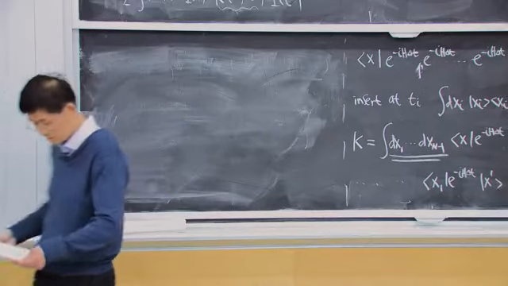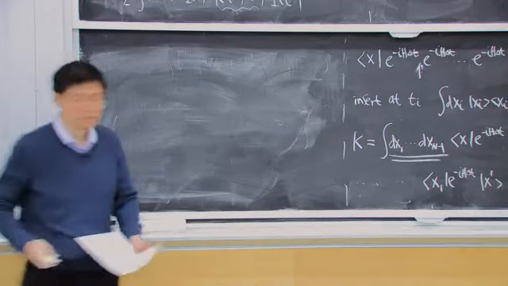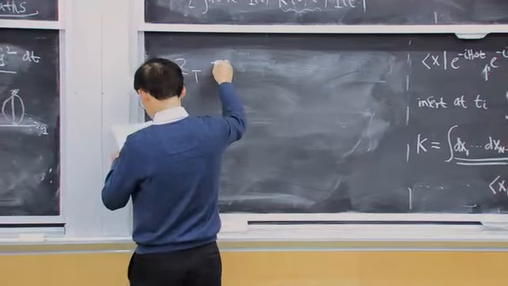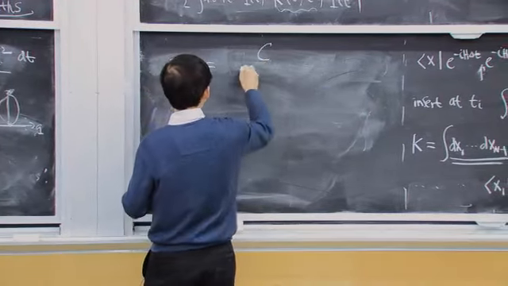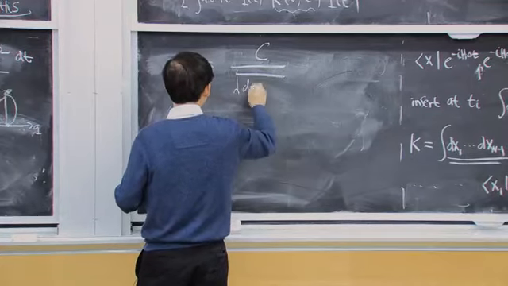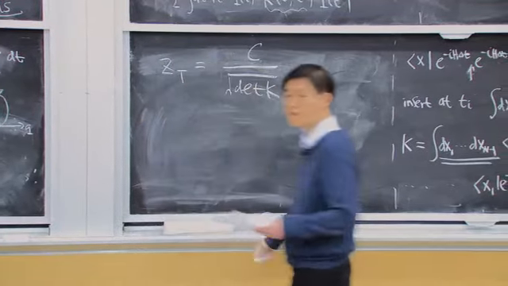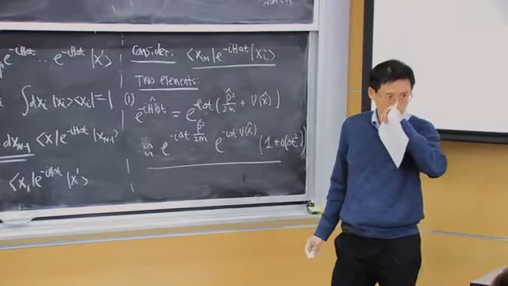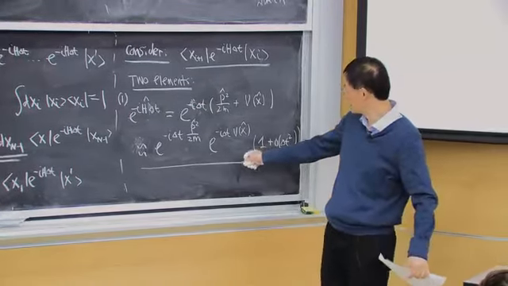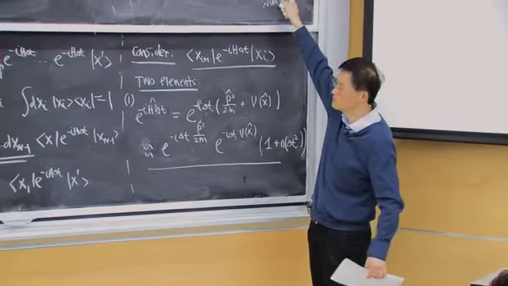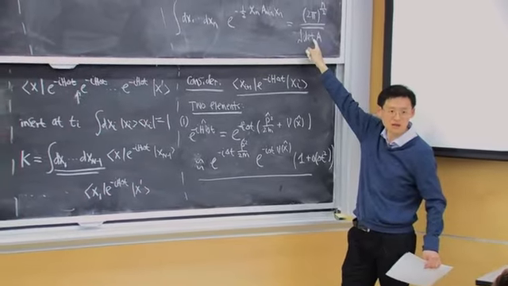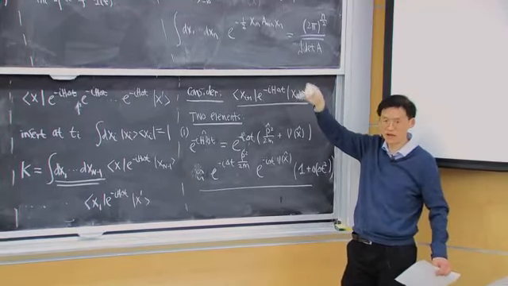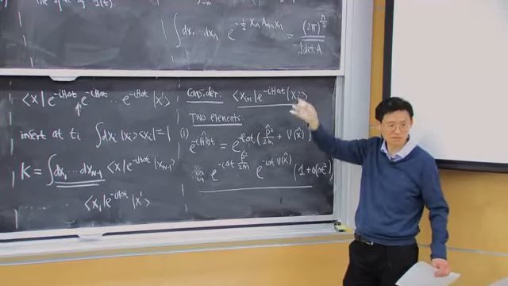Then the Z[J] must be just given by some constant divided by the square root of the determinant of K. You just generalize this formula. Just now K is in the determinant in the more complicated space, in the space of functions.